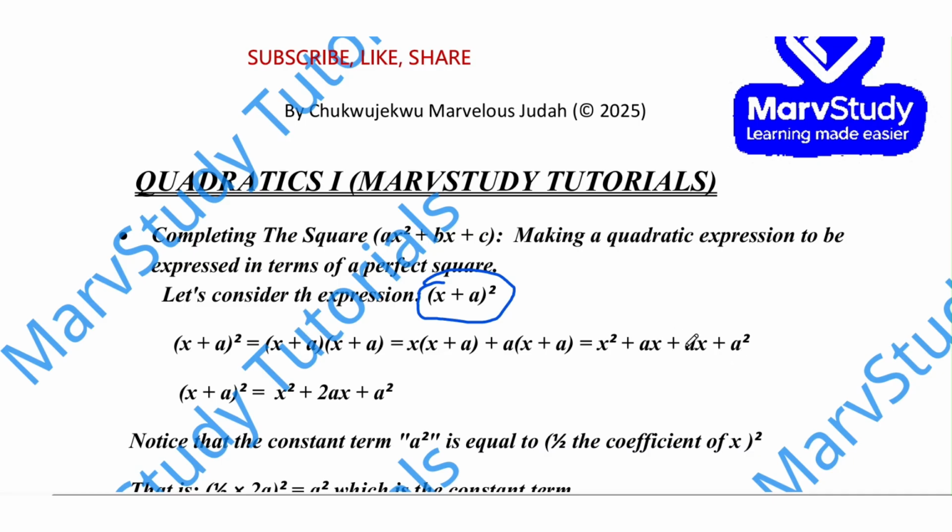The ax terms are like terms, so we can add them: ax plus ax gives 2ax.